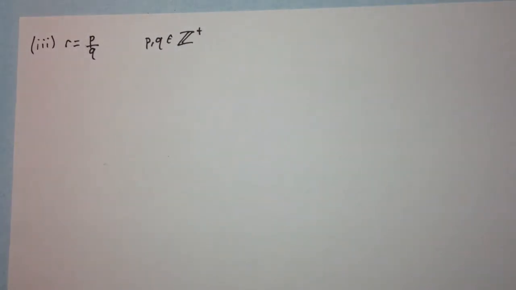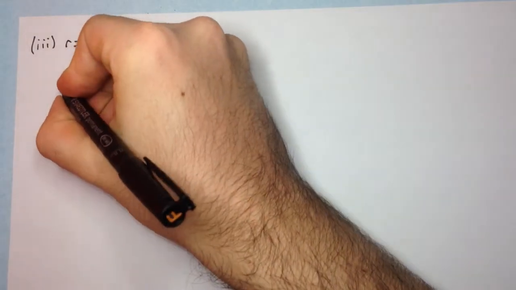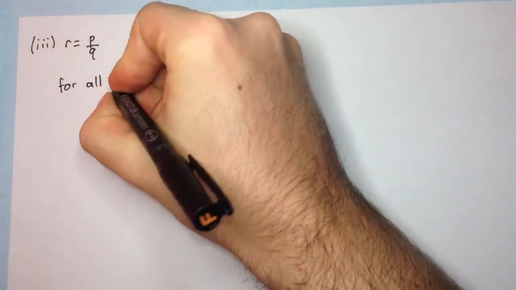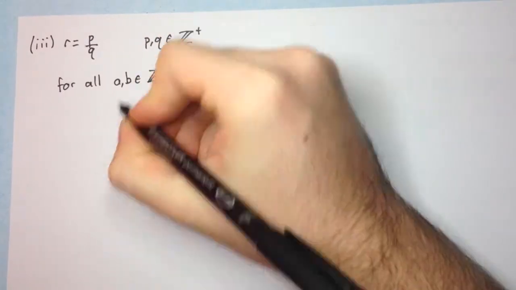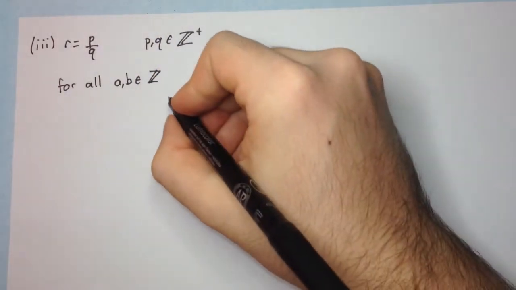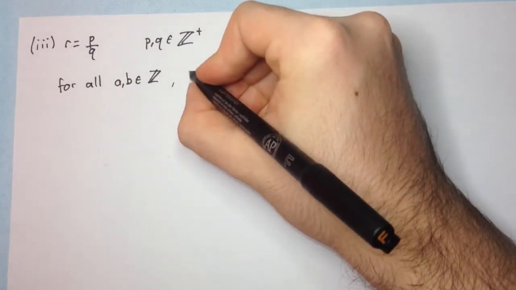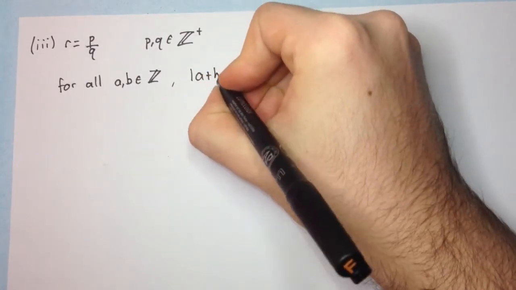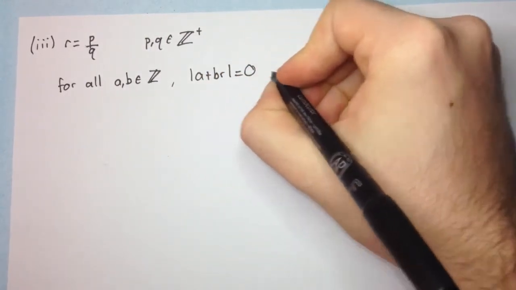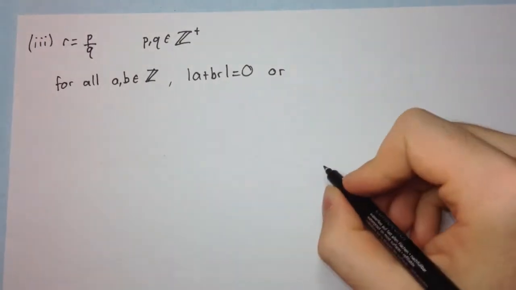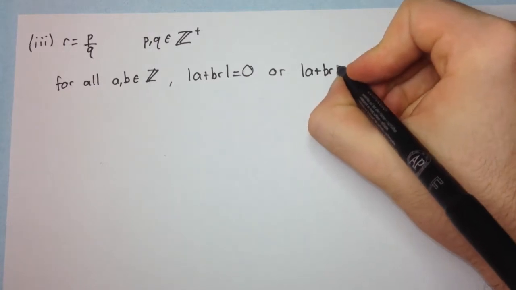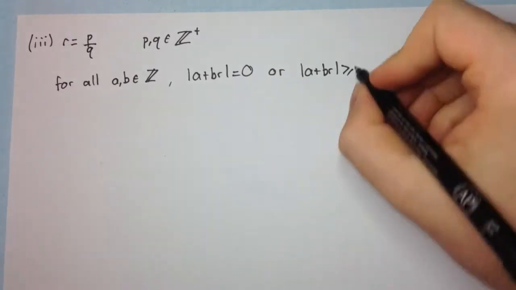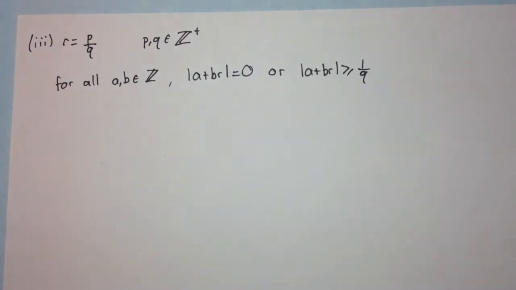And we want to show that for all a and b that are integers, either a plus br equals 0, or the absolute value of a plus br is greater than or equal to 1 over q.